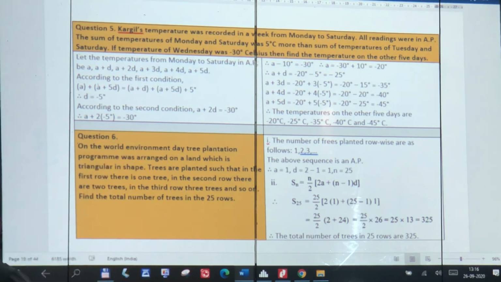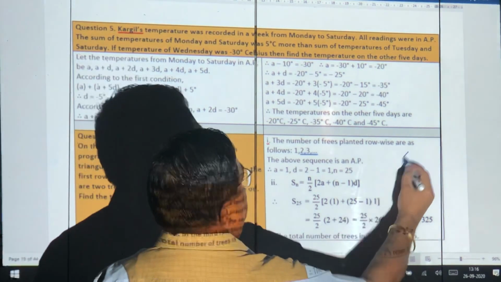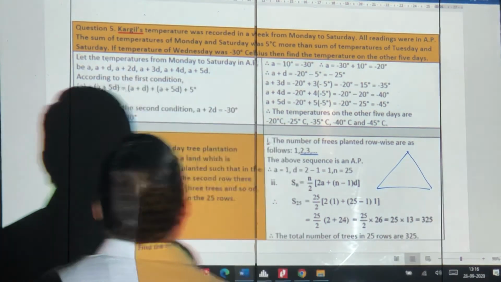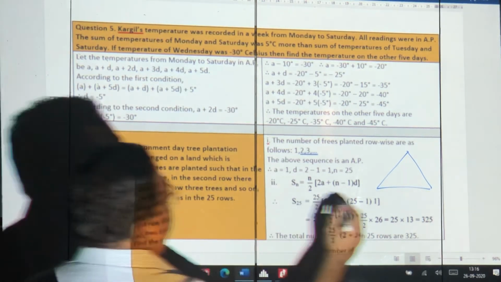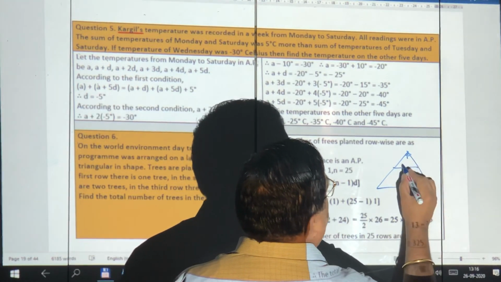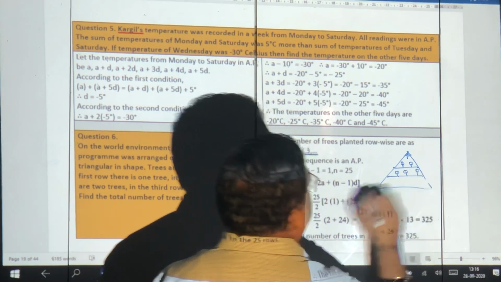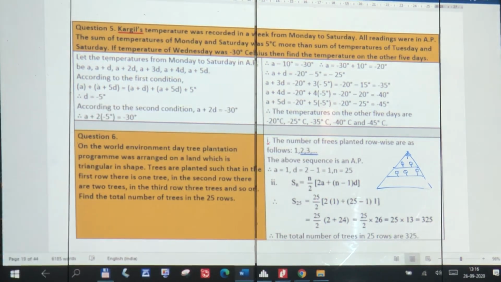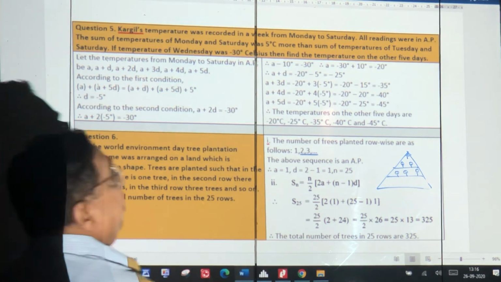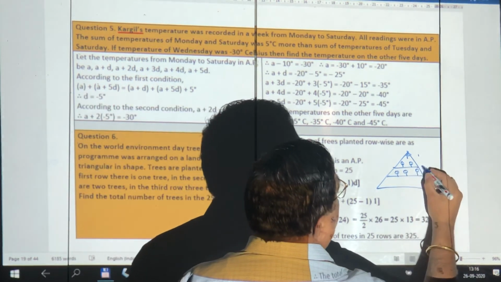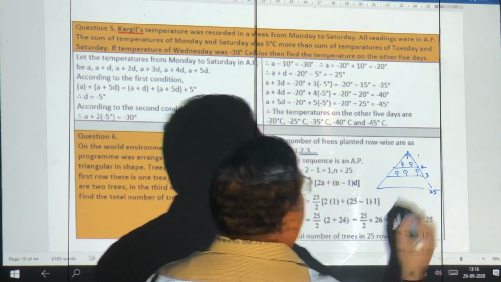Let us have a look at the next one. Tree plantation on a triangular land. So I have a triangular land, and in the first row I have 1 tree, second row 2 trees, third row 3 trees, and so on. I have 25 rows: row 1, row 2, row 3, the last row is 25.